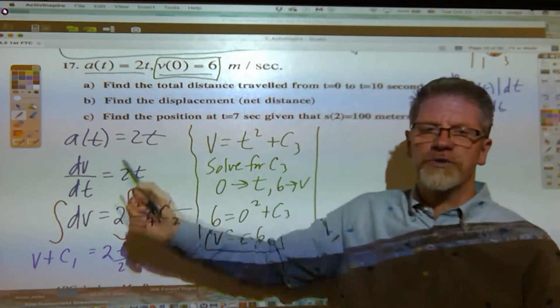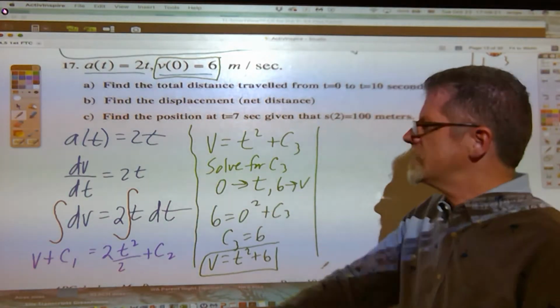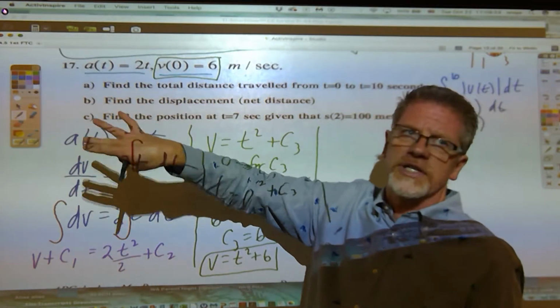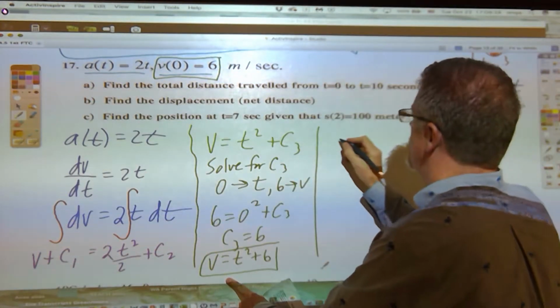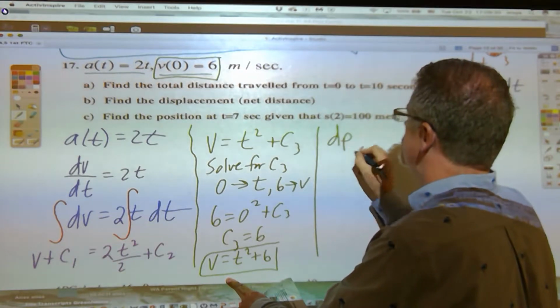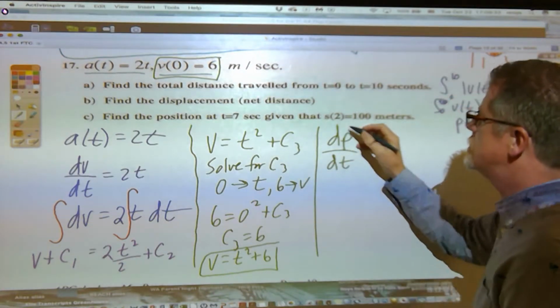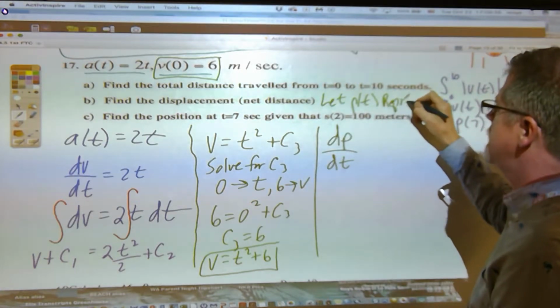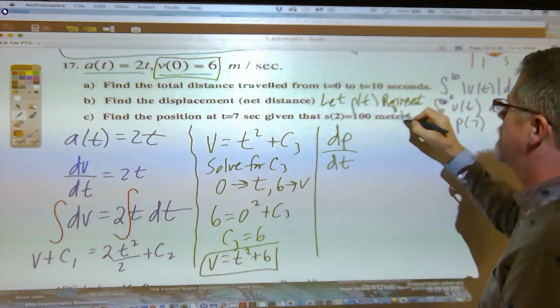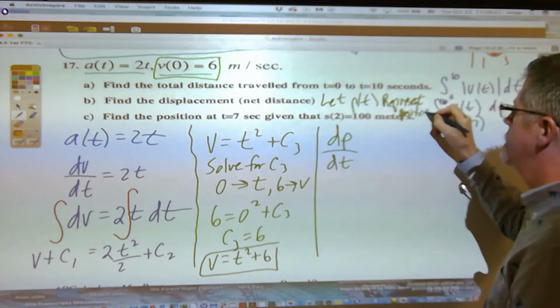To find a position function, we have to do just like we did when we rewrote acceleration as dv/dt. We're going to have to rewrite velocity as change in position with respect to time. I'm going to let P of t represent position at time t.